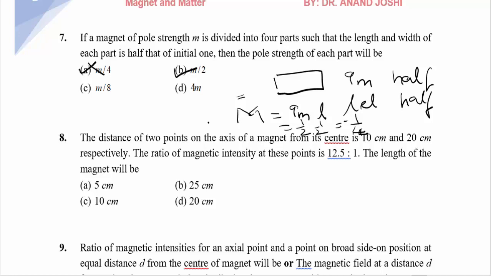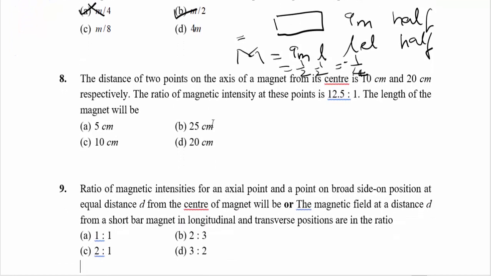Okay, next question. The distance of 2 points on the axis of a magnet from its center is 10 centimeter and 20 centimeter respectively.